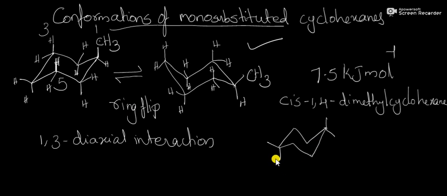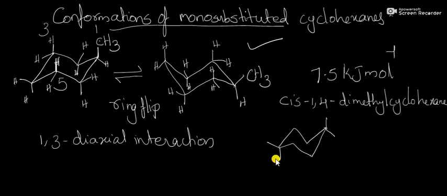We know what is meant by cis and trans. If the two substituents are upward, on the same face of the ring, it is called a cis conformation. If the substituents are on opposite sides of the ring, that is called a trans isomer.